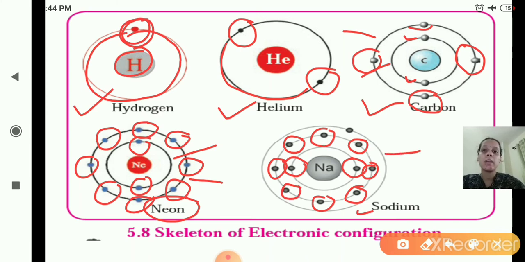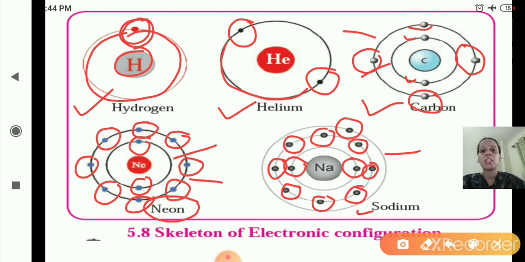And the last one, that is M shell. In the M shell, 1 electron, as you can see here. So in between we have written the sodium symbol, that is Na. This is K shell, then the next one is L shell, and the next one is M shell. Okay, so this is about electronic configuration in the skeleton form.